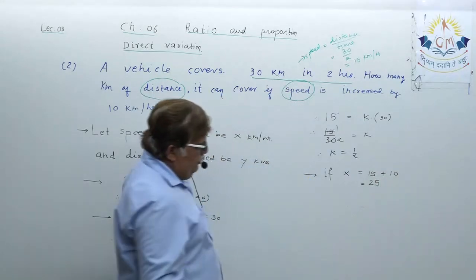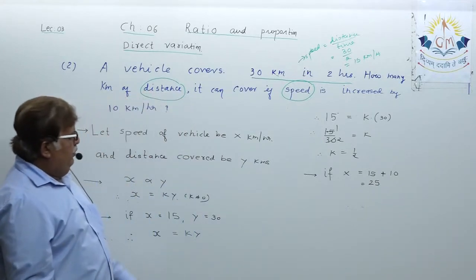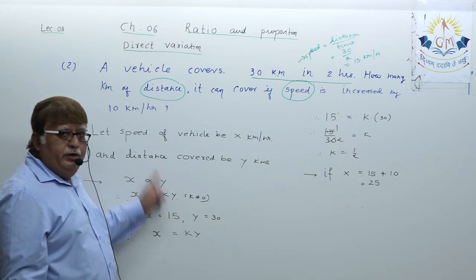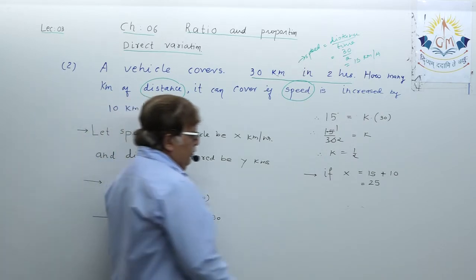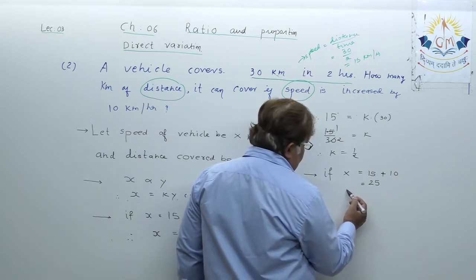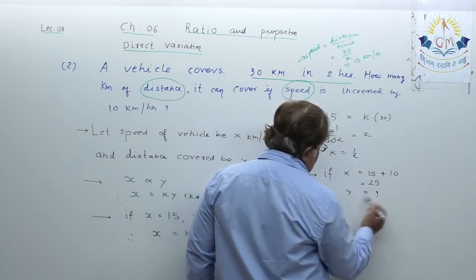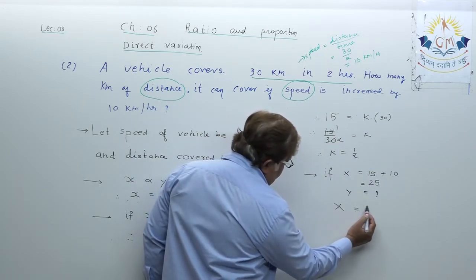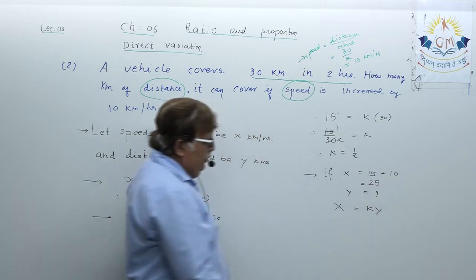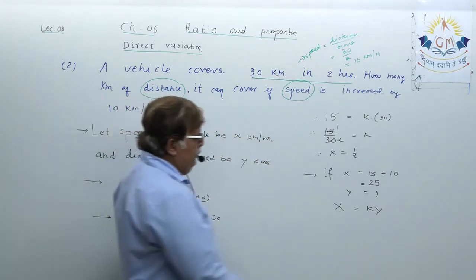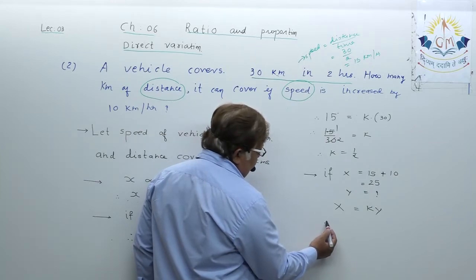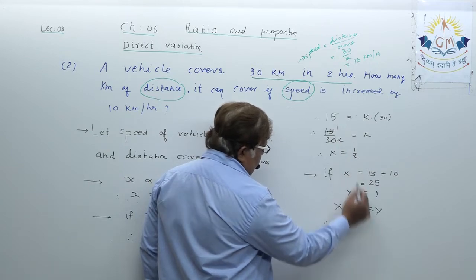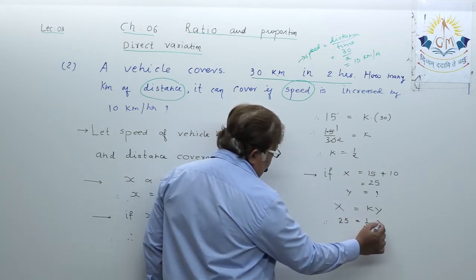I am not writing just now. x equals 25. Original speed was 15, 10 added. So x equals 25, y equals question mark. Main relation: x equals k y, so 25 equals half into y.